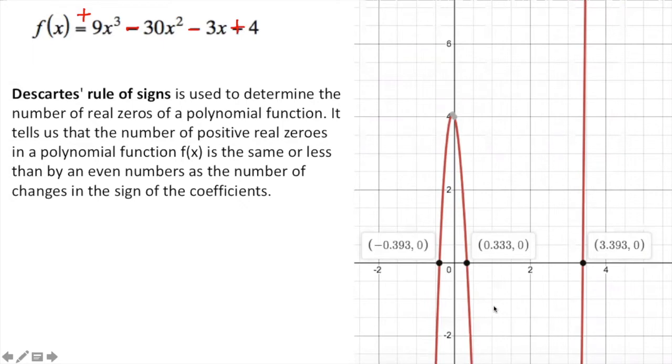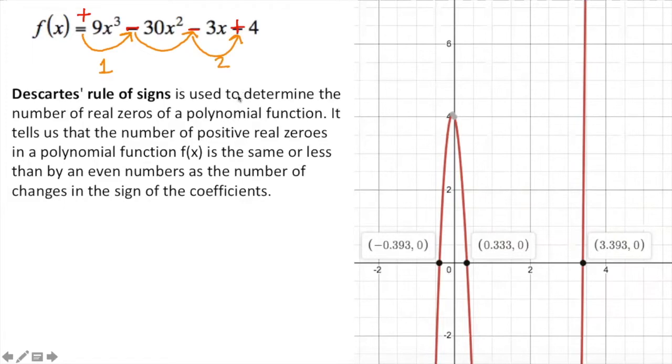You're looking for sign changes, where it switches from positive to negative or vice versa. Here we have positive to negative. That's a change, so I'm going to write 1. Here we have negative to negative. That's no change, so that doesn't count. And here you have negative to positive. That's another sign change, so that's 2.